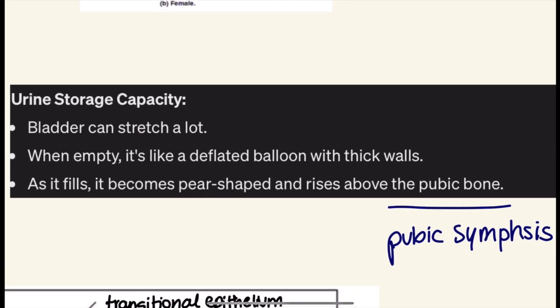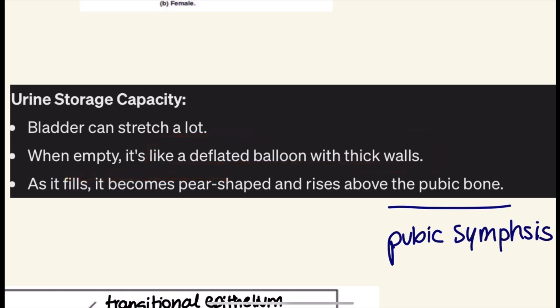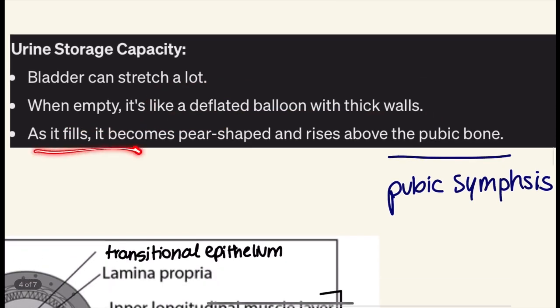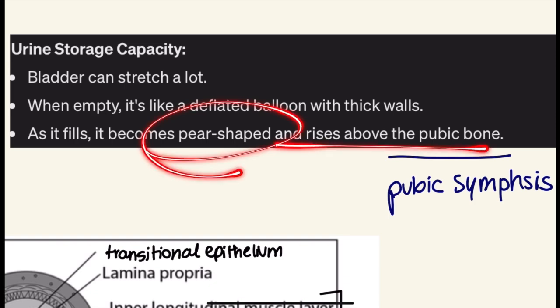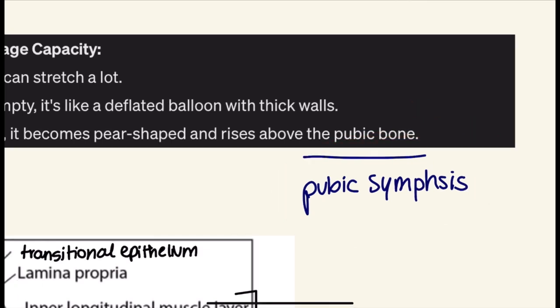But in general, the bladder can stretch a lot in order to do what? In order to store the urine. So when it's empty, it's going to be like a deflated balloon with its thick walls, right? And when it fills, what happens to it? It becomes pear-shaped. So when you have a balloon that's filled, you're going to realize that it looks like a pear, and it rises above an important region called the pubic symphysis.